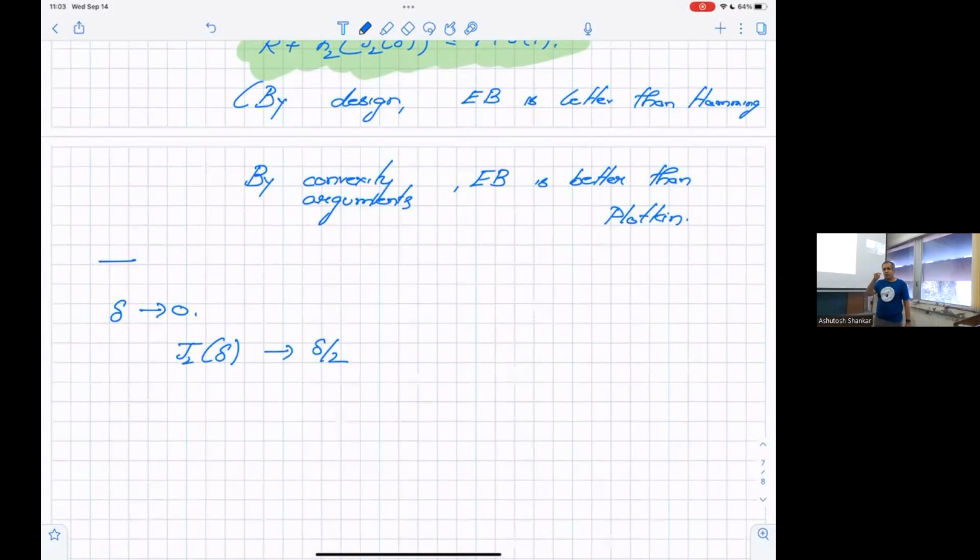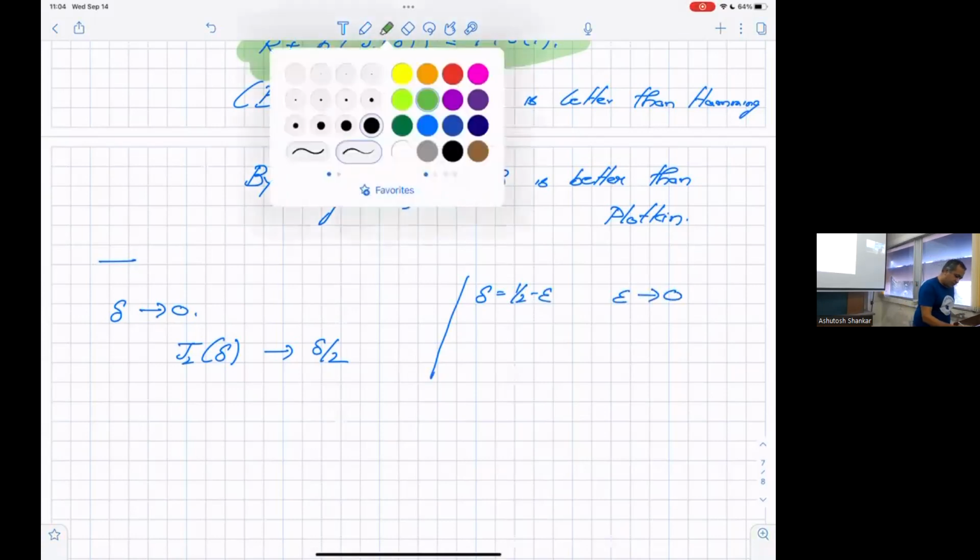So this looks very much like the Hamming bound at that point. At the top end, when delta is 0, it looks very much like the Hamming bound. Now let's look at delta equal to half minus epsilon, with epsilon going to 0. These are two different regimes I'm going to consider.